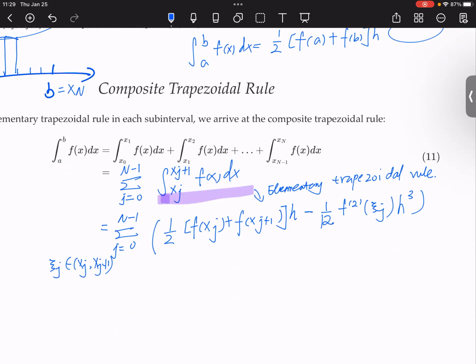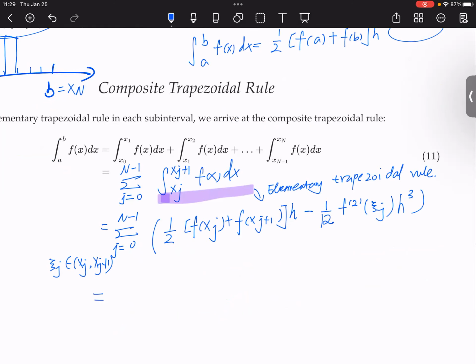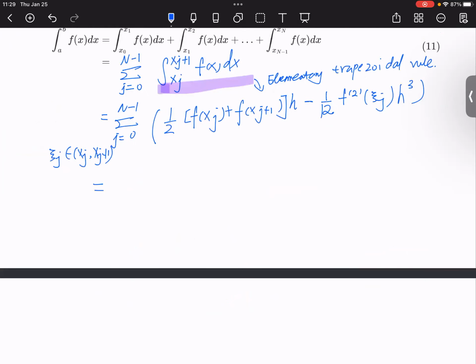So now let's take a look at this. I'm drawing out the things here. We have x0, x1, and then x2, x3, all the way to xn, and also xn minus 1, xn minus 2. Let's see what the first few terms are.